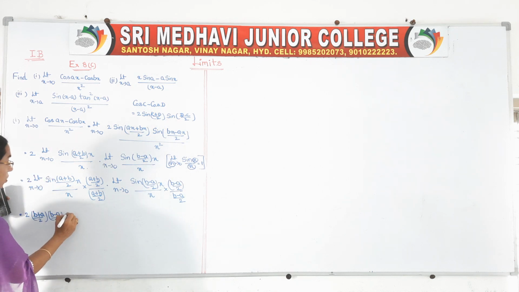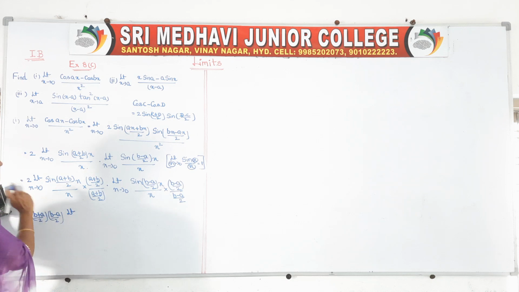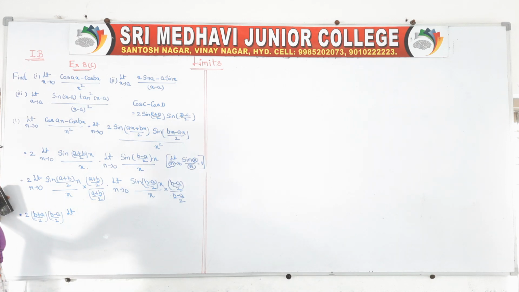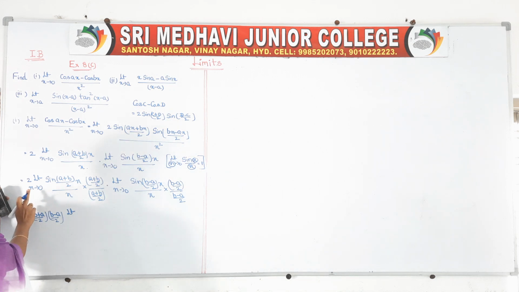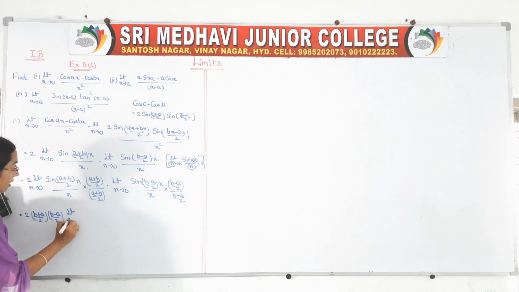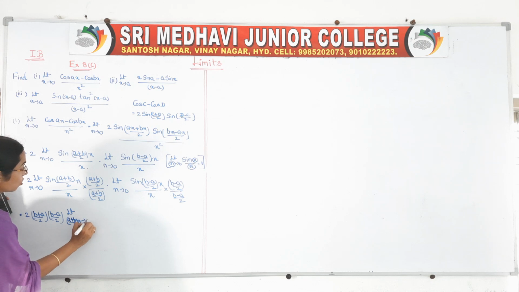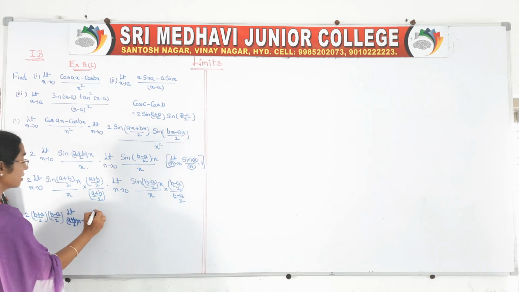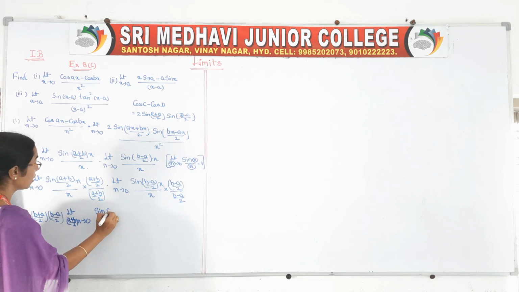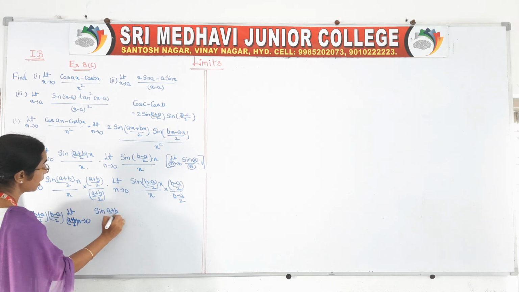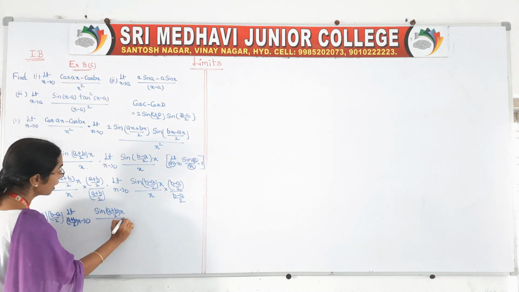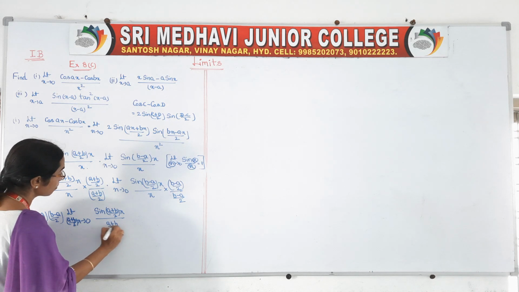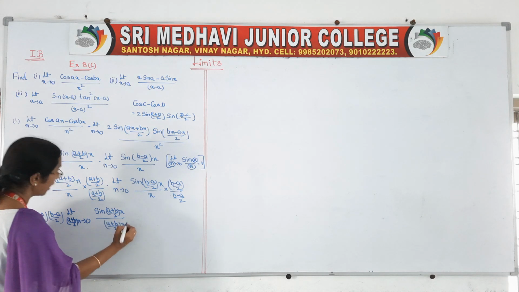Now you have the limit, and whenever x tends to 0, x into anything tends to 0 only. X value 0 means 0 into anything is 0. So in x place we will write this as (a plus b) by 2 x tends to 0, sine of (a plus b) by 2 x, by (a plus b) by 2 into x.